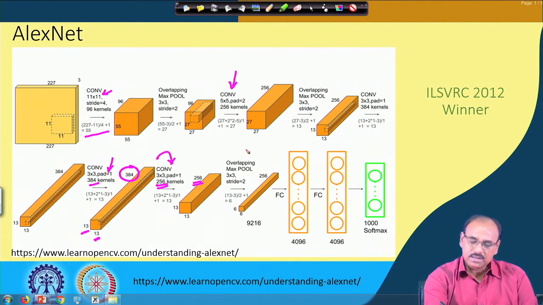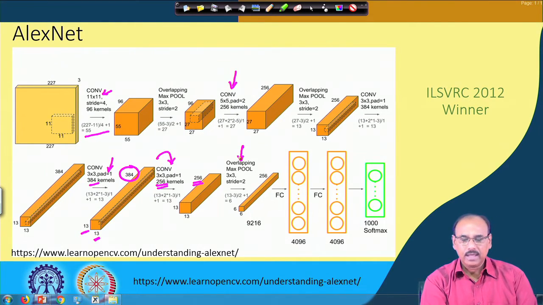Followed by this is the next overlapping max pool layer. Again the max pooling is done over a window of 3 by 3 with stride equal to 2, and that gives you the output feature map, and the number of channels remains the same, which is 256, and the size of every feature map is 6 by 6.